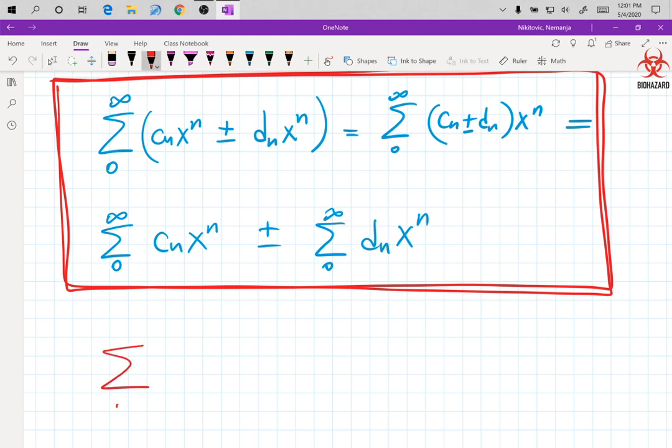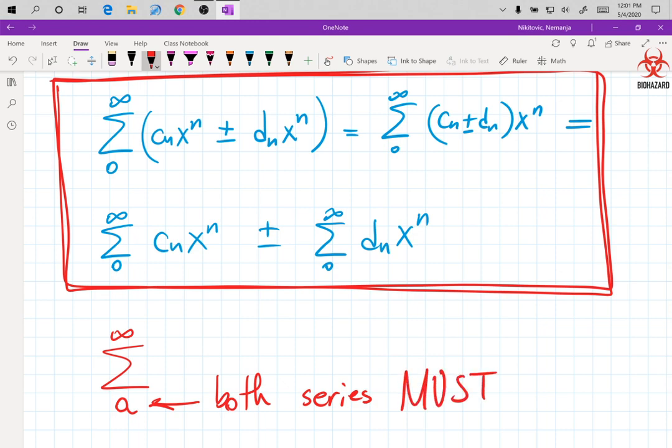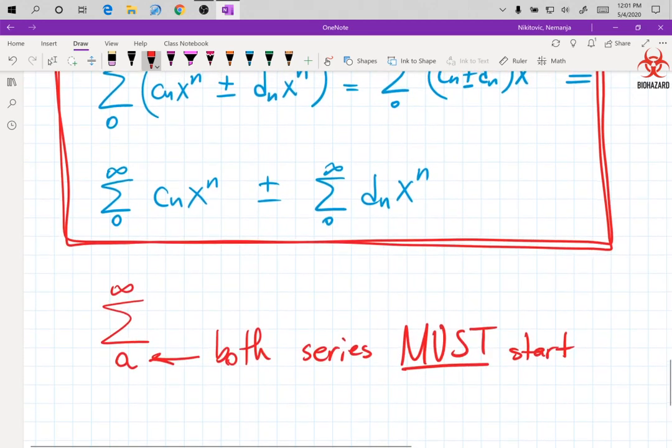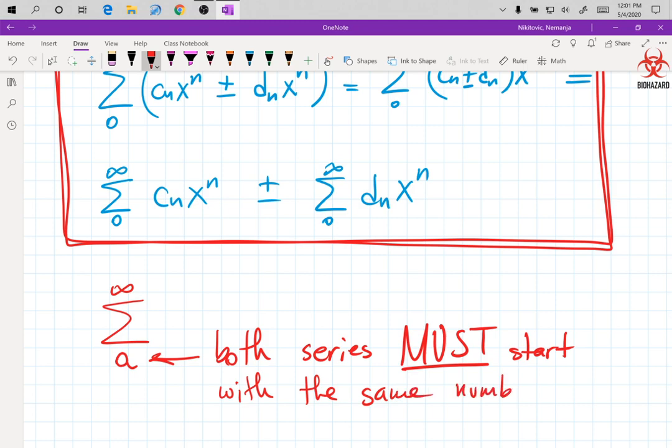Both series must start with the same number, which is the counter.